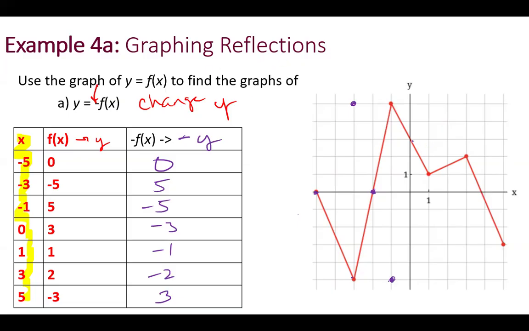Here I'm at +3. +3 is going to become a -3. Here I'm at +1. +1 is going to become a -1. Here I'm at positive 2. Positive 2 is going to become a negative 2. And here I'm at negative 3, which is going to become a positive 3 because I'm reflecting across the x-axis. And then I'm going to do my very best to connect those points.